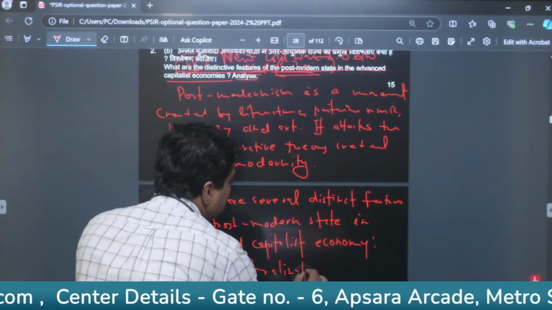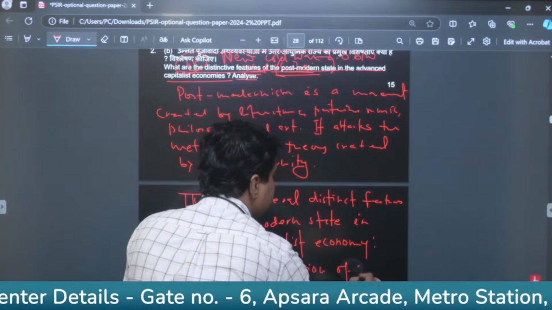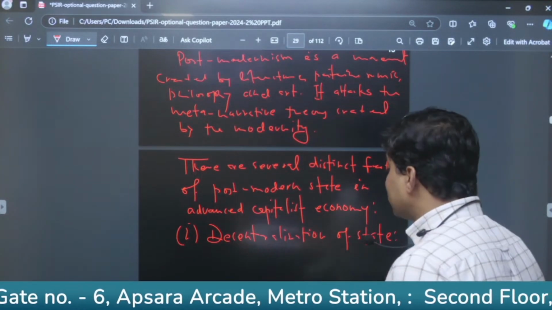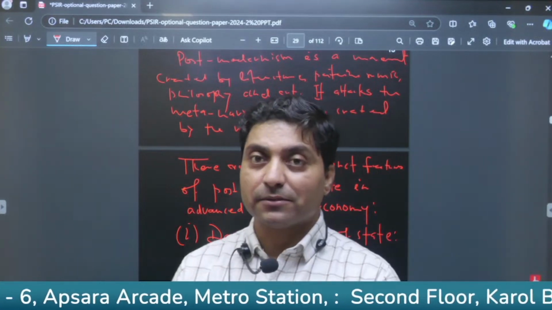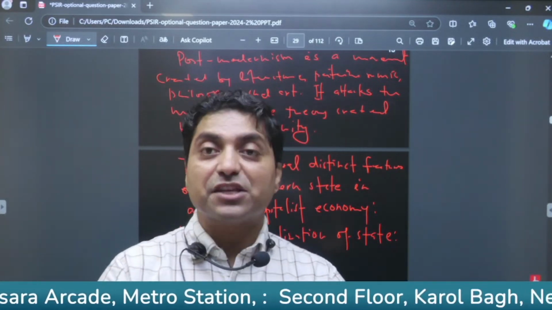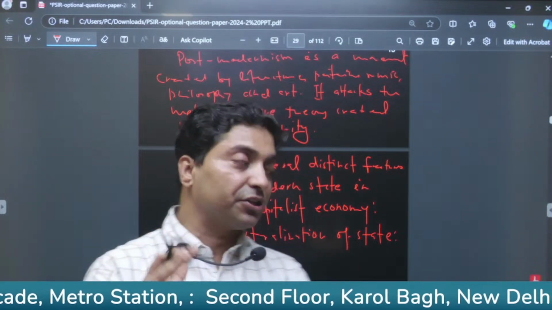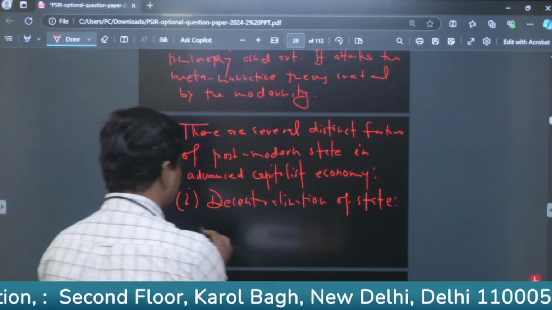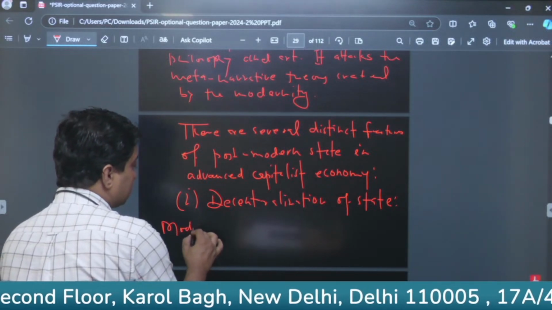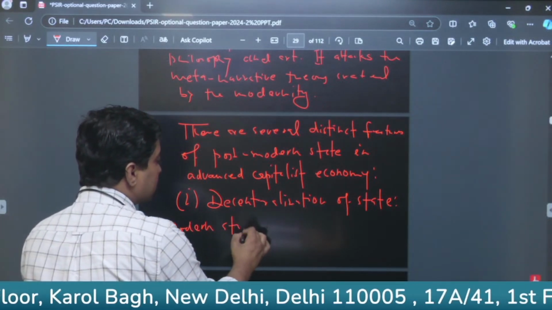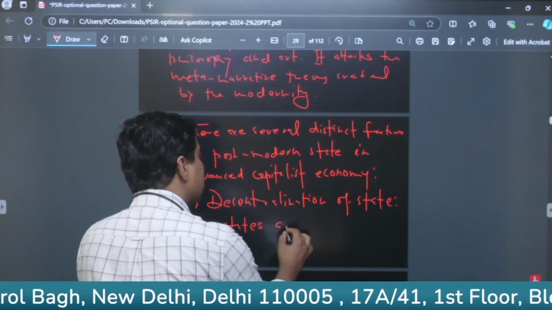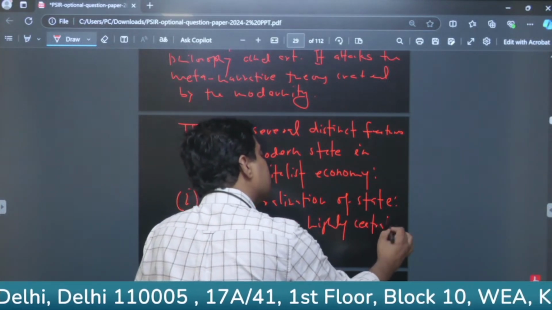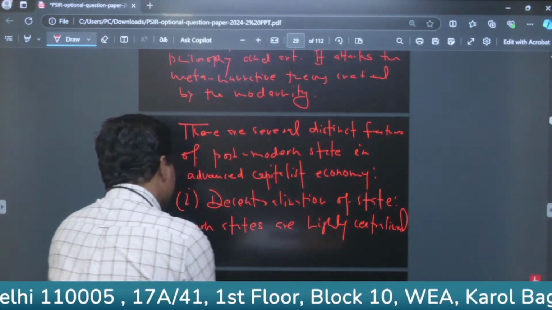Decentralization of the state. Now modernity focuses on centralization of the state, right? The modern state has a very powerful, very centralized authority. Modern states are highly centralized in their authority.